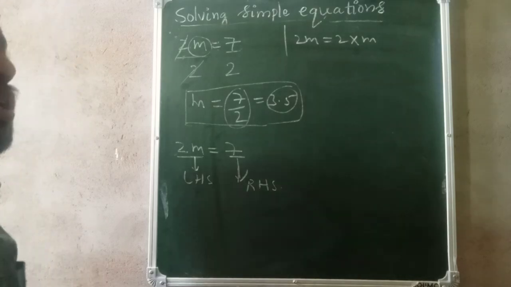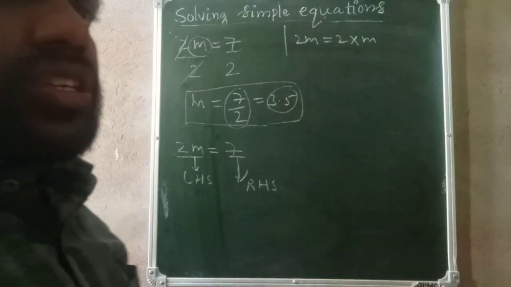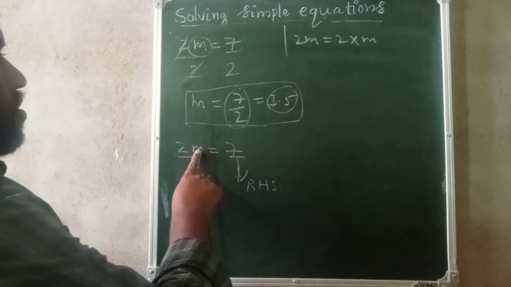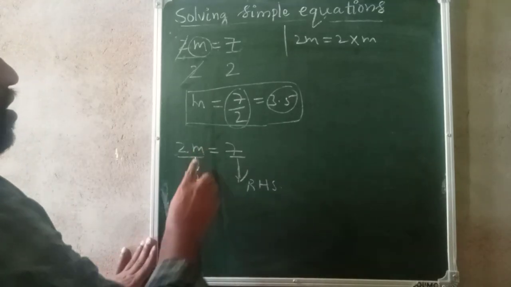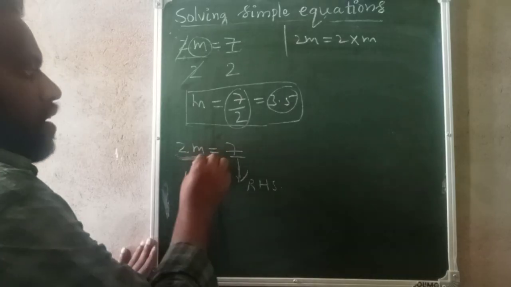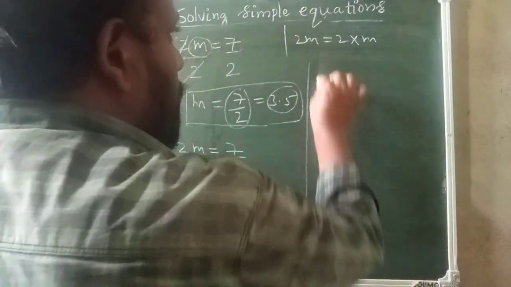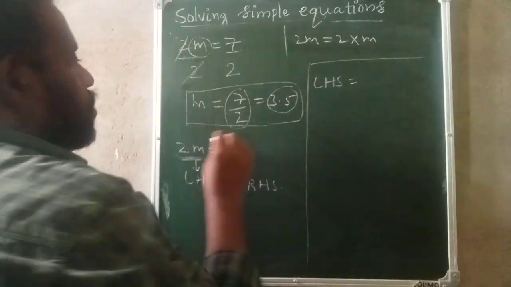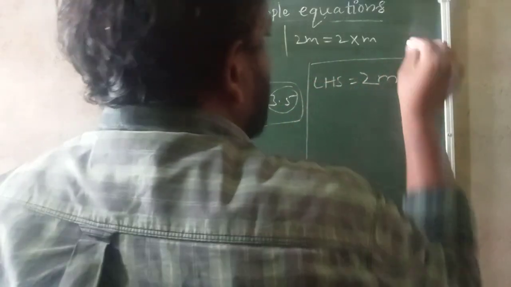Now we see where is the variable m present. So m is present on LHS. So take this entire LHS first. LHS is equal to this 2m.